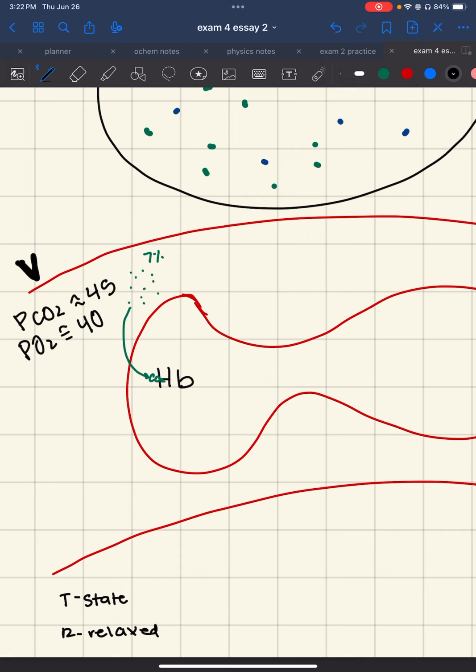And the tense state is the state where it does not bind oxygen. The R state is the state where it binds. And I'm not 100% positive that I'm right about that, honestly. I could be very wrong, which is a little bit concerning.